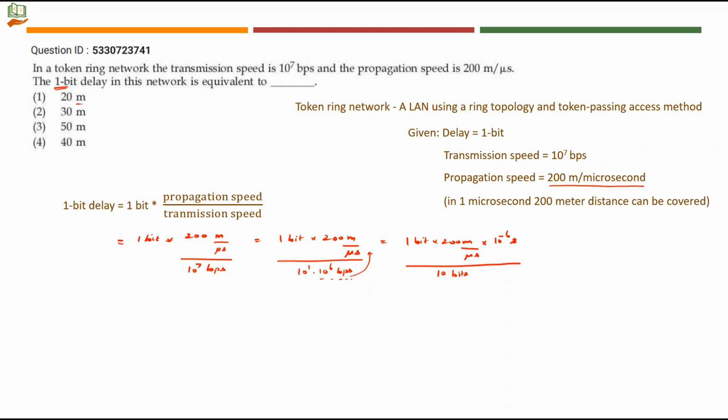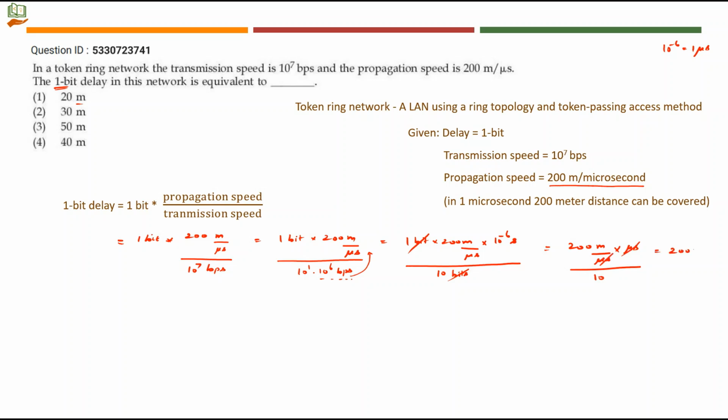Only bits are there. This bit and this bit will get cancelled. So we have 200 meter per microsecond into, what is 10 to the power minus 6? It is 1 microsecond. So we will have microsecond here divided by 10. This microsecond will also get cancelled.